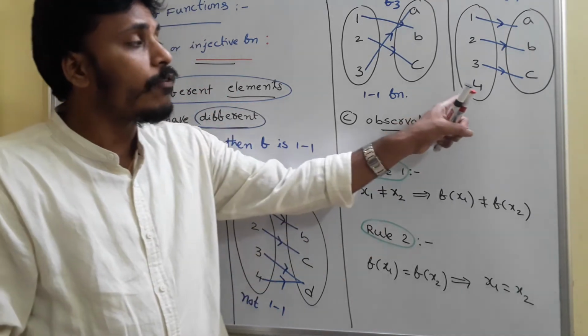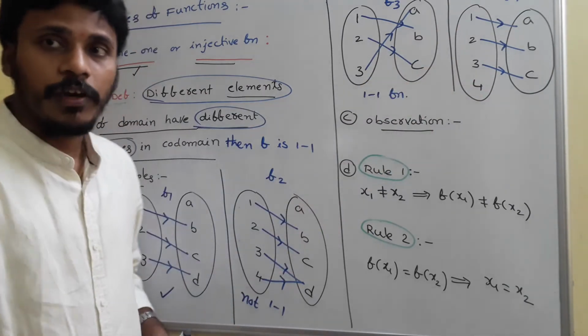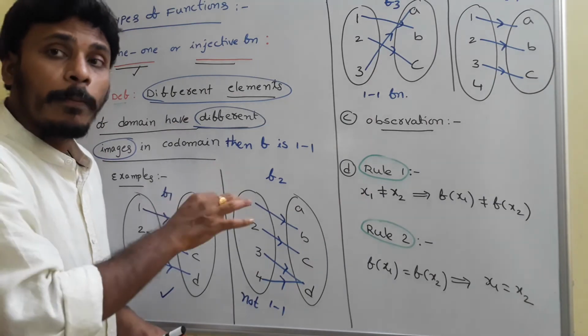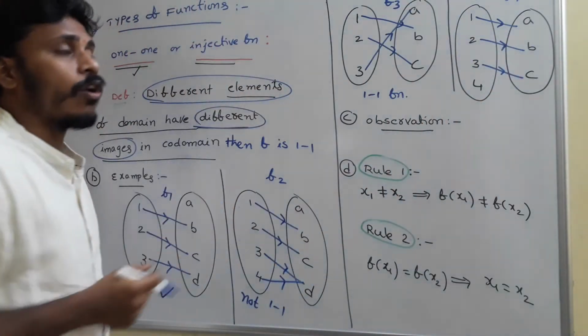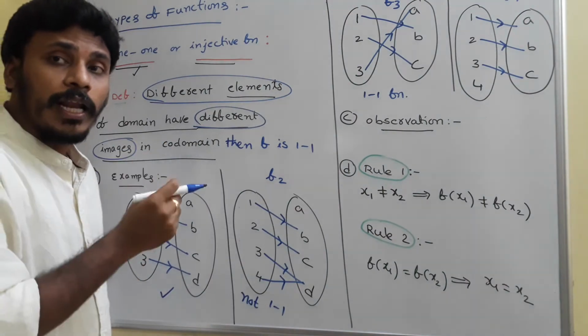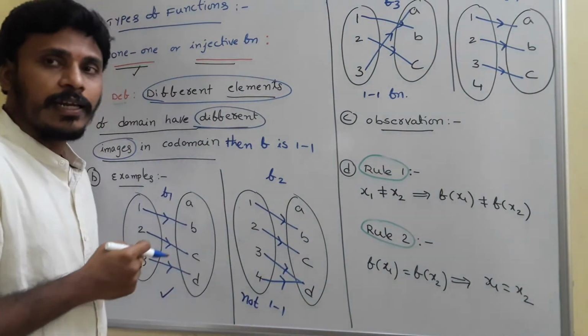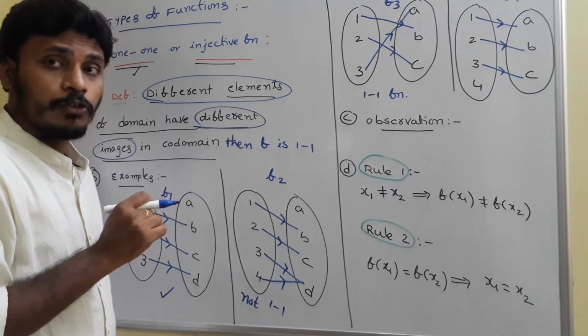Basically it is failing the property of a function. To make it a function, we need to connect this 4 to any one of the other elements. Is it clear for you?